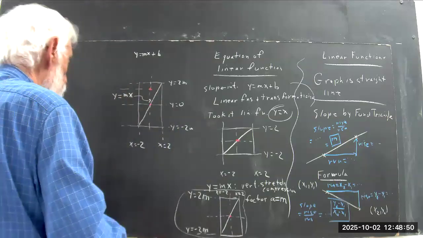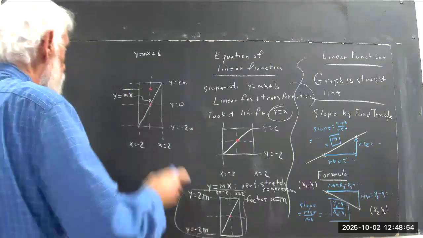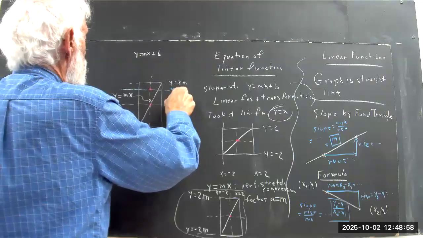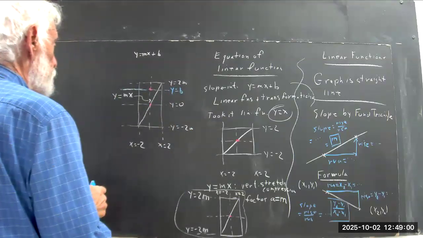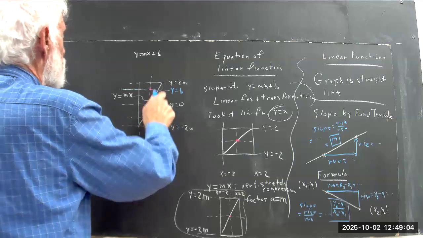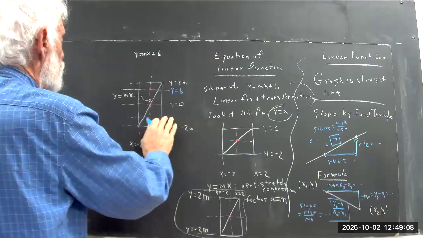So now we've got the line. Let me do it, contrast a little bit. Y equals b. I overdid it, sorry.